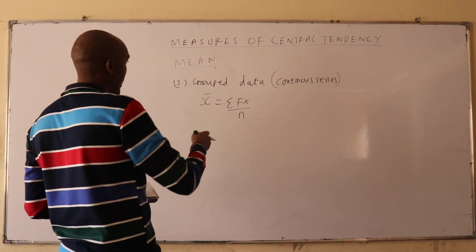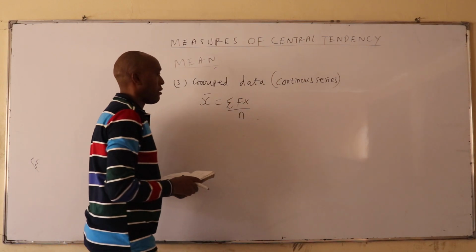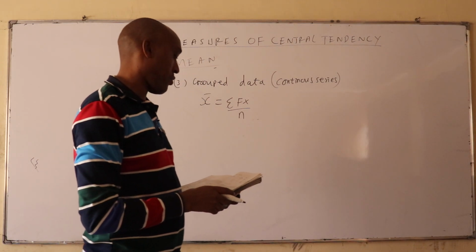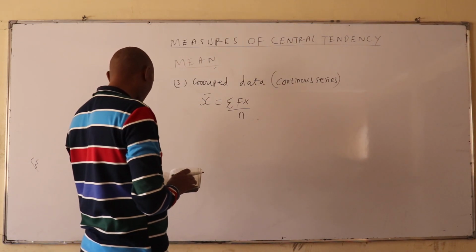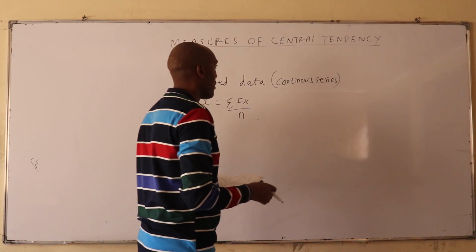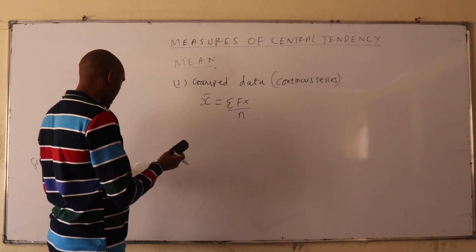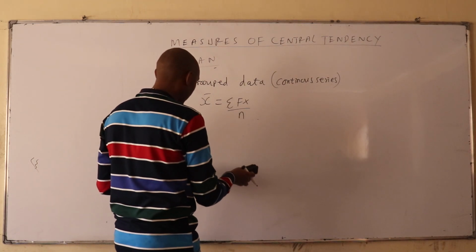We had explained what f, x, and n are, so we are going to go straight away to an example. The example says calculate the mean from the following data.